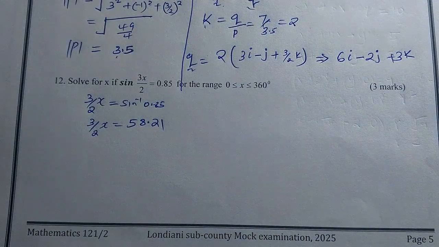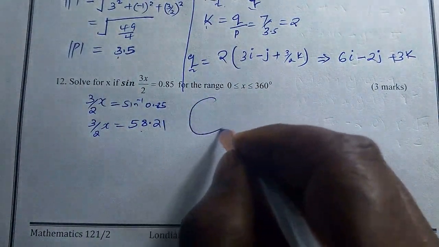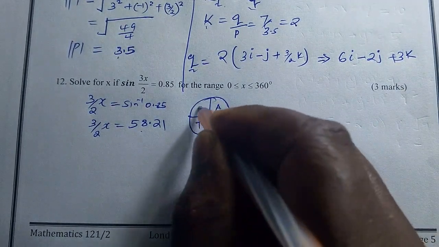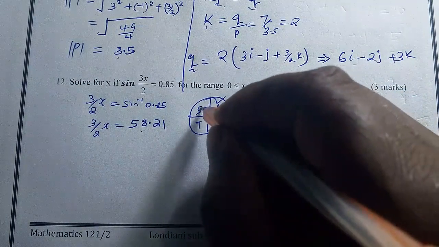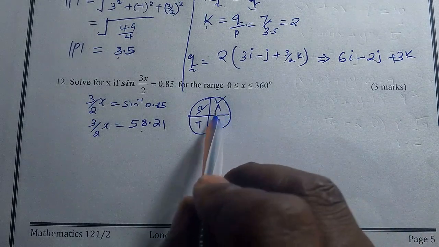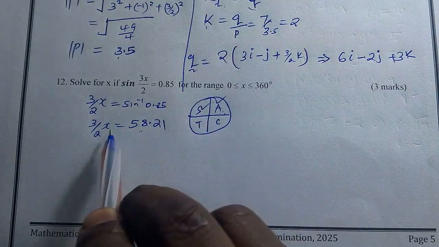So our angle is this one, and we are using the ASTC rule. So our angles are found in the first quadrant and the second quadrant, where the sine is positive only.